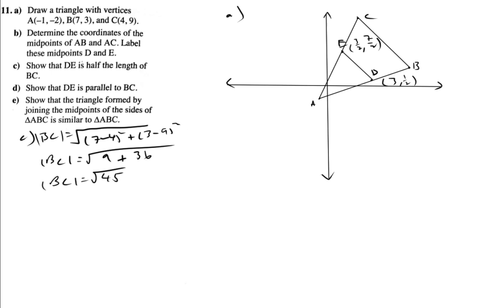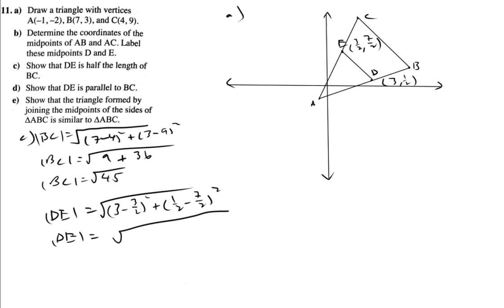Now we take a look at DE. So DE is going to be equal to 3 minus 3 halves, which is going to be 3 halves. So let's just write this like this, all squared, plus 1/2 minus 7/2 squared. So 3 halves squared is going to be equal to 9/4. Add that to -3 squared, which is going to give us 9.